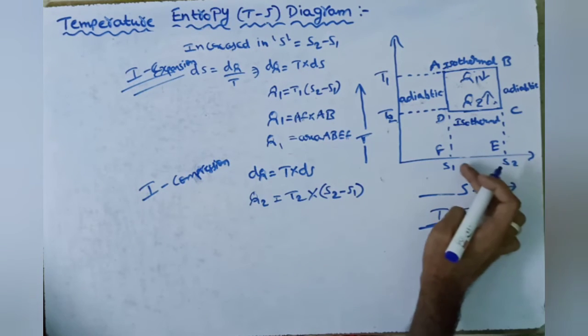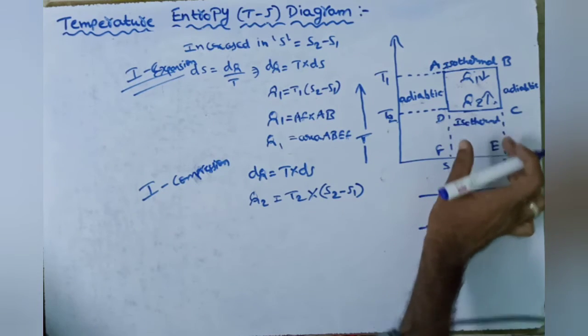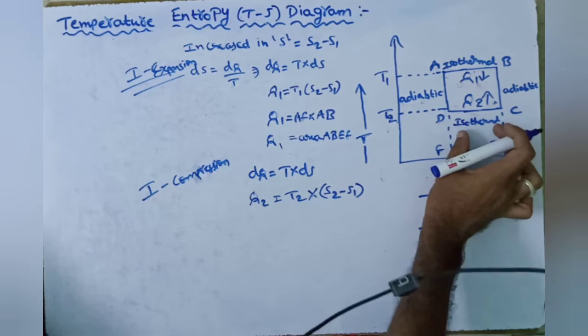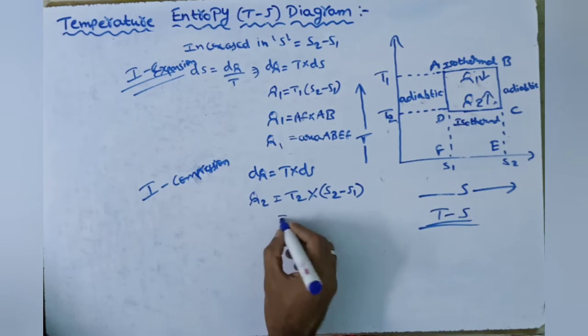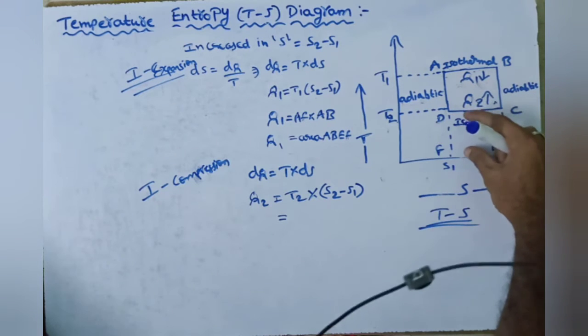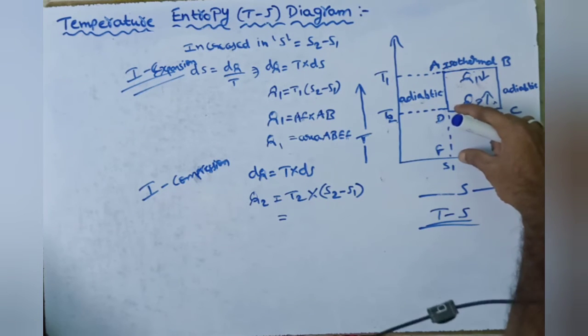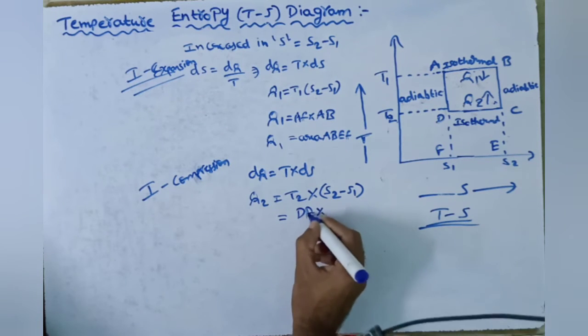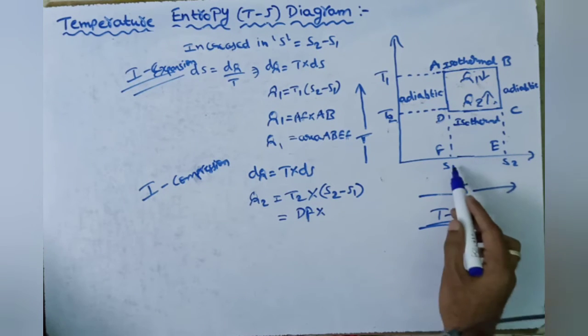Entropy is changed from S2 to S1. The same value is changed in entropy also. The same value that was increased before is reduced here in this process. So in the place of T2, this DF line represents T2. We write in the place of T2, DF, into S2 minus S1.